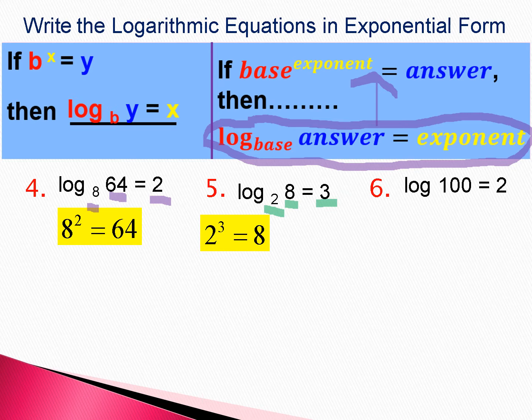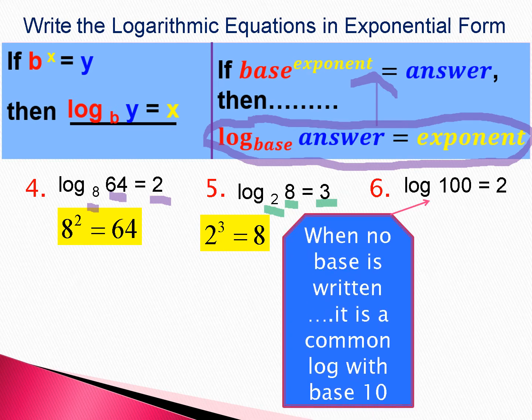And you're like, wait a minute, there is no base. So let's think about it. What squared gives me 100? Well, that's going to be 10. Okay, so here's the deal. When no base is written, it's the common log with a base of 10.